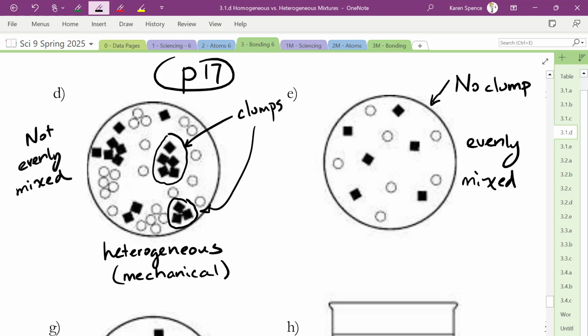So is that homogeneous or heterogeneous? Homogeneous. So I'm just going to write homo because that makes it a little easier. What else would we write as the name of that type of mixture? Solution. Okay.